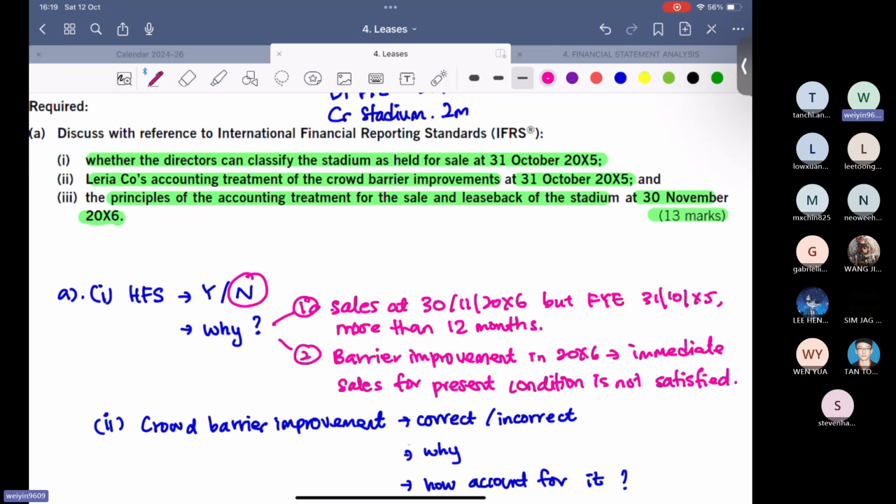So because of these two reasons, therefore cannot classify as held for sale. Okay, cannot classify as held for sale.